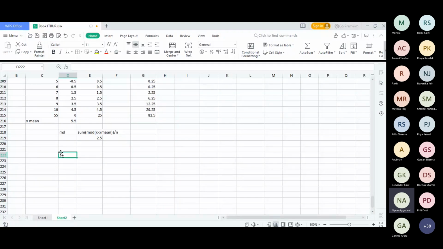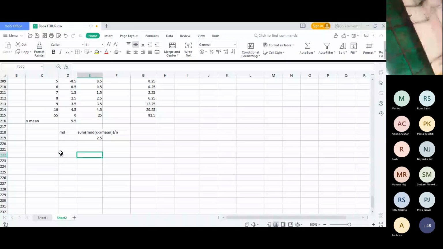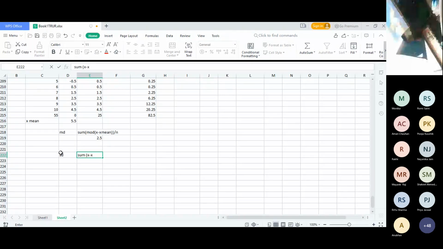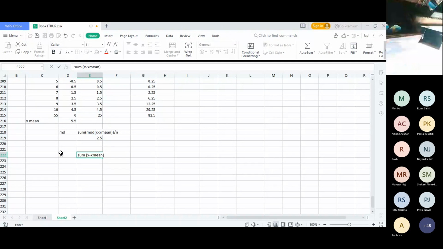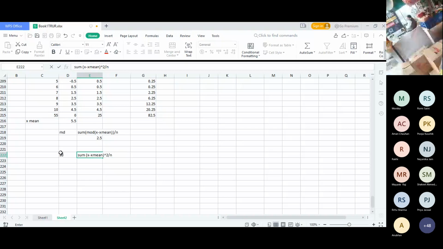So the SD value comes as, again, the sum of (x minus x mean) squared divided by n. Clear? But there is one variation in this.